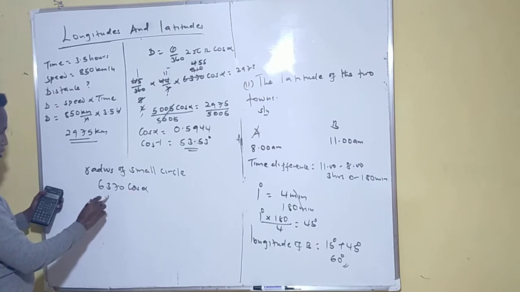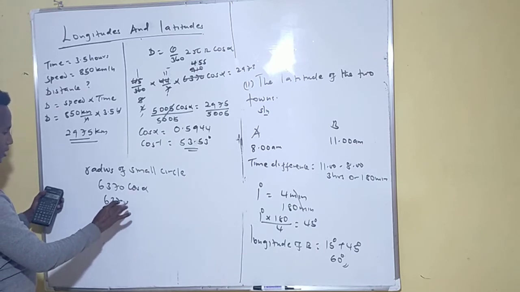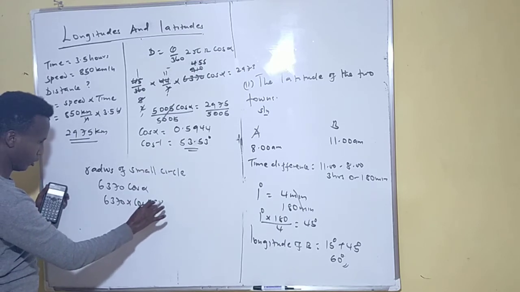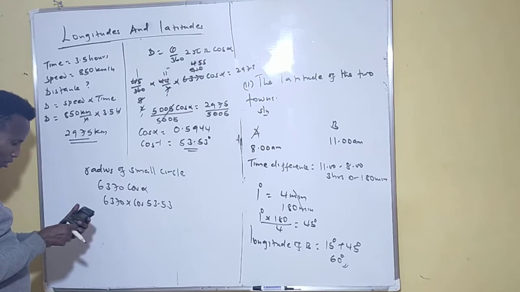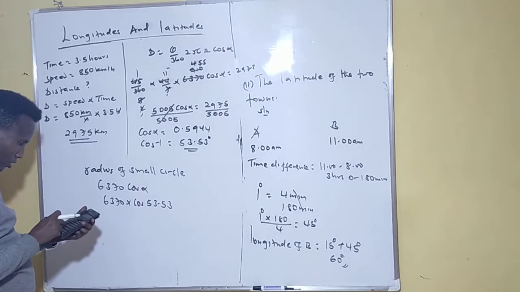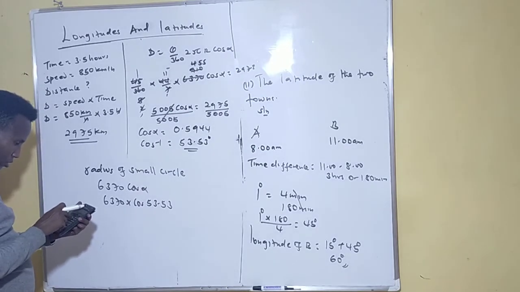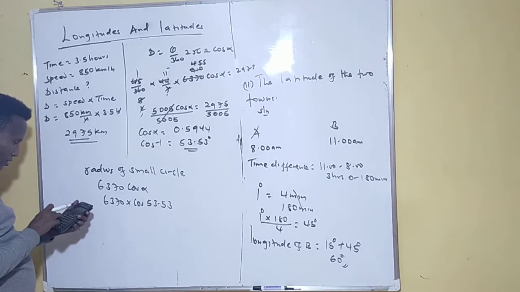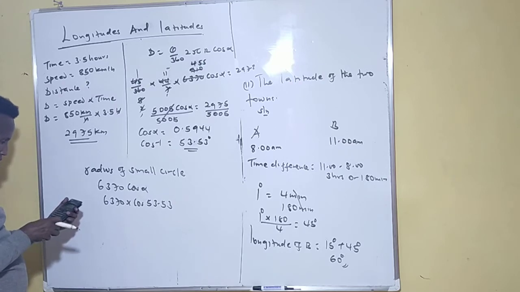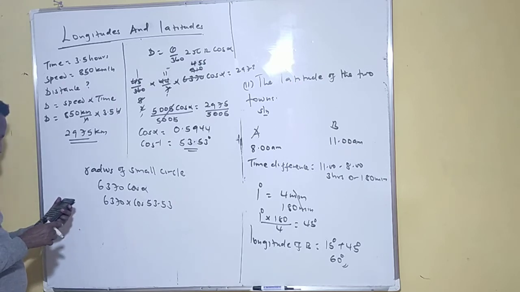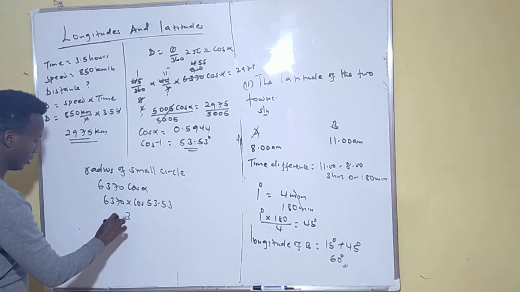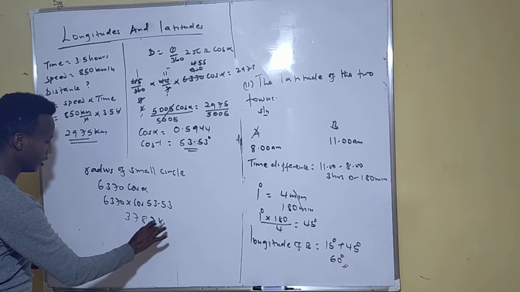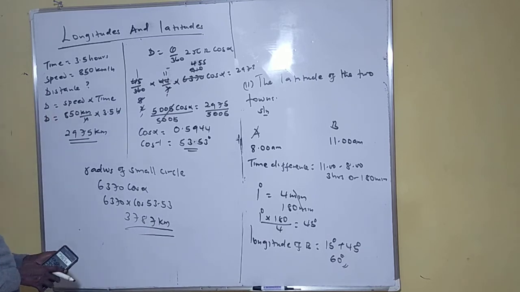Don't forget that. So it will be 6370 times cos 53.53. Cos answer times 6370 gives 3,787 kilometers. And that is the final answer.